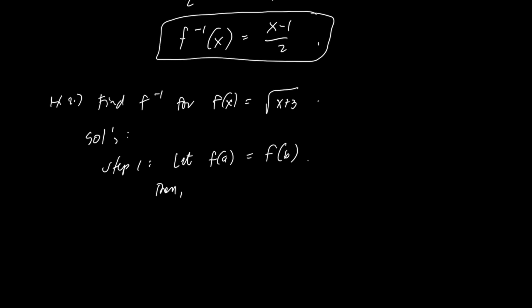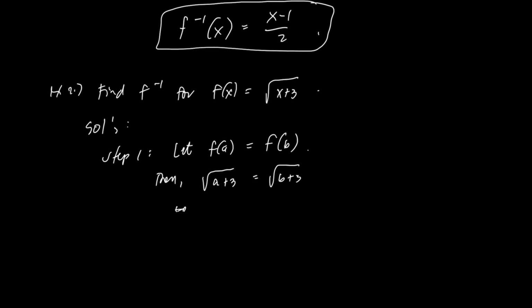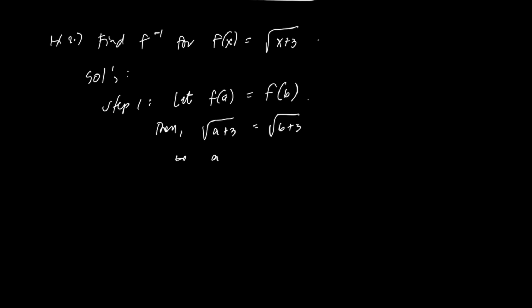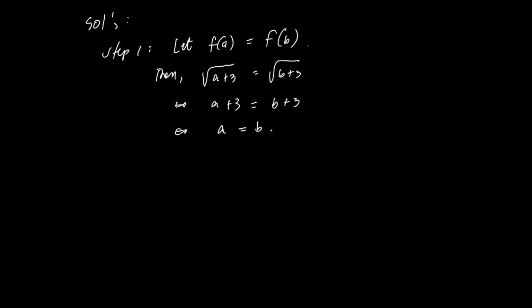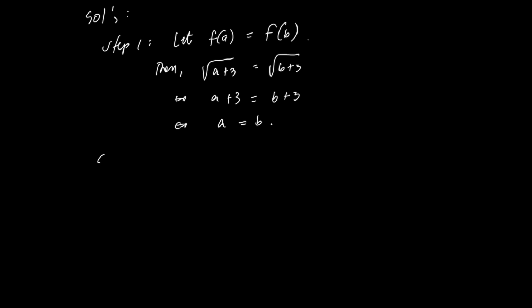Then square root of a plus 3 is equal to square root of b plus 3. Then applying the square root property, we have a plus 3 equals b plus 3. Applying the addition property of equality, meaning adding negative 3 on both sides, we have a equals b. So therefore, this is a one-to-one function.